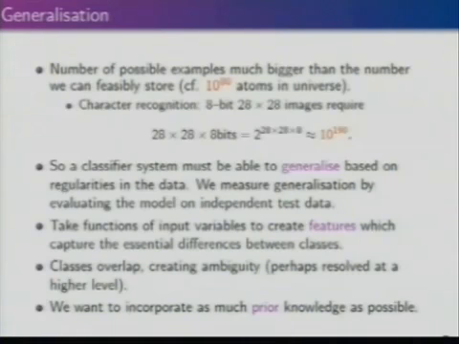If we just take that simple example I showed you of character recognition, we have a 28 by 28 pixel image. We've got 8 grey levels. That works out to be 10 to the 190 different possible patterns. Unfortunately, there are only 10 to the 80 atoms in the universe, so the chance of actually storing that even on the largest memory stick you can think of are rather remote. So we can't work that way.